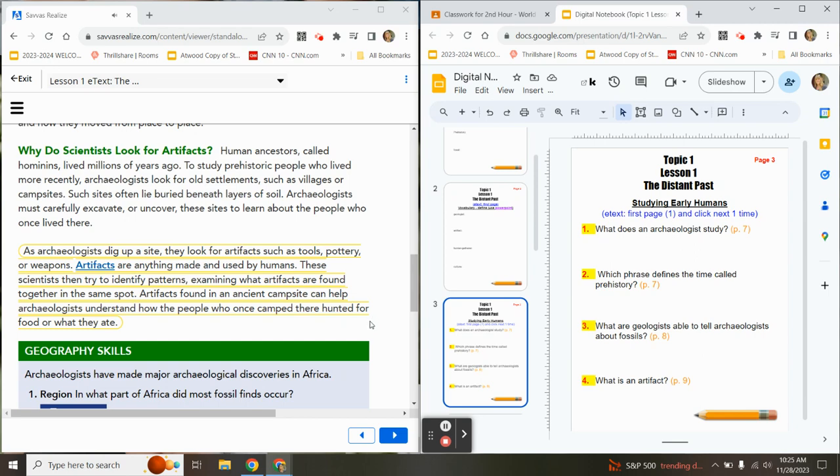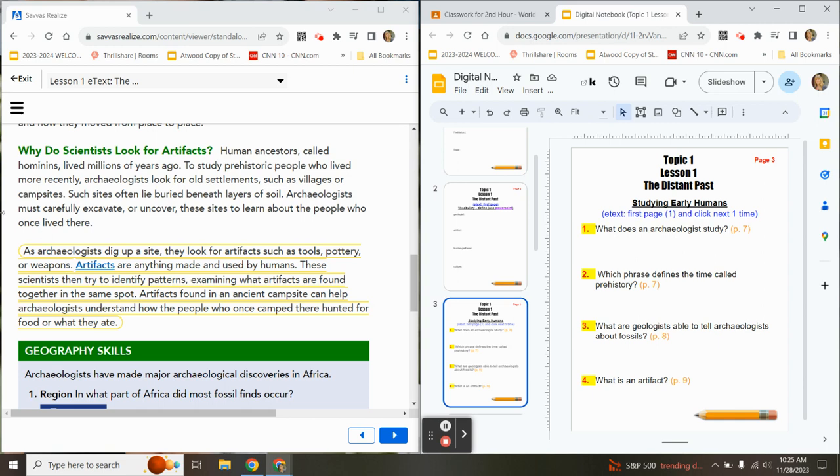Artifacts are anything made and used by humans. These scientists then try to identify patterns, examining what artifacts are found together in the same spot. Artifacts found in an ancient campsite can help archaeologists understand how the people who once camped there hunted for food, or what they ate. Number 4, what is an artifact?